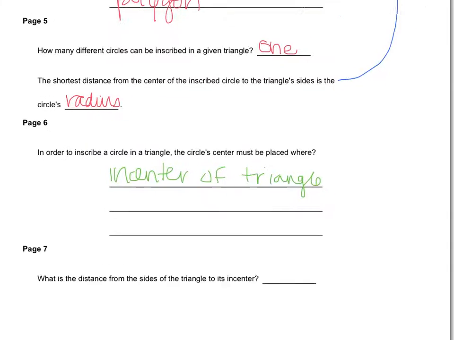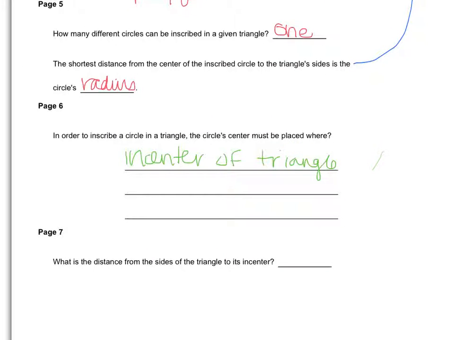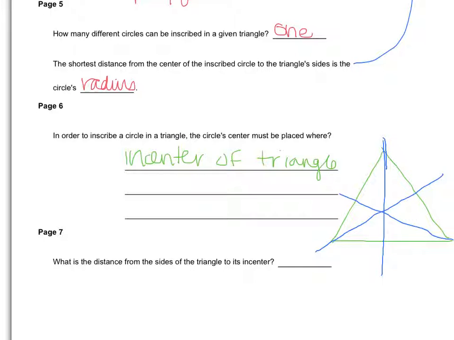So if I have a triangle and I draw in my angle bisectors, they split the angle in half. So this would be an angle bisector, and this would be an angle bisector, and this would be an angle bisector. And you can tell they all meet right here. So this is called your incenter. And that would also be the center of our circle, because it's the incenter.